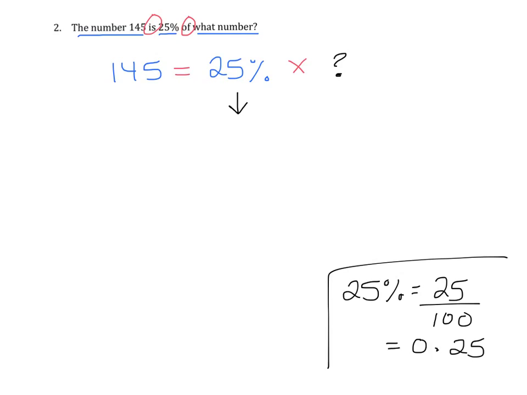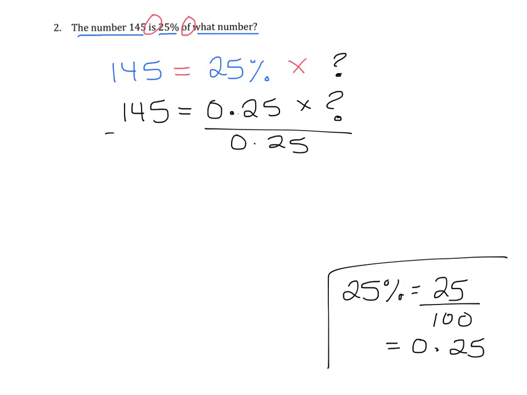Now I have an equation of 145 equals 0.25 times a number. Now I need to divide both sides of the equal sign by 0.25. Therefore, my missing value is 145 divided by 0.25. When I do that on my calculator, I get a number of 580.